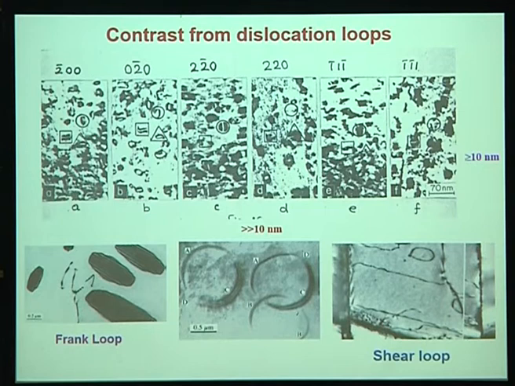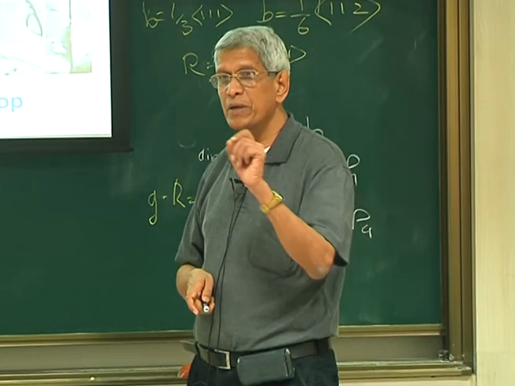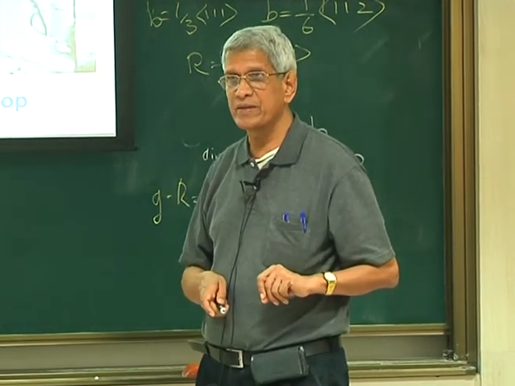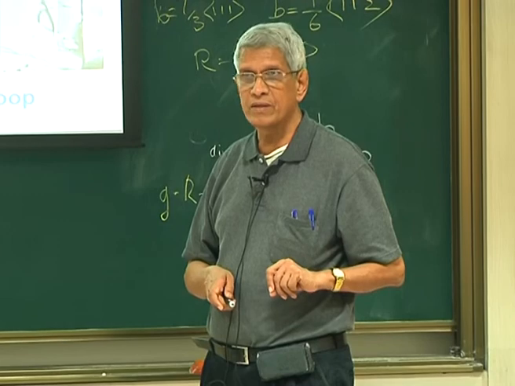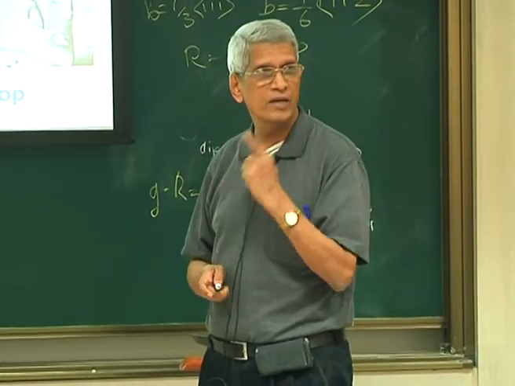Here no fault will be seen anywhere. Whereas if it is a Frank fault, then the Burgers vector of this dislocation which we see will be 1 by 3 111, correct, because there is one of the layers which has been removed.